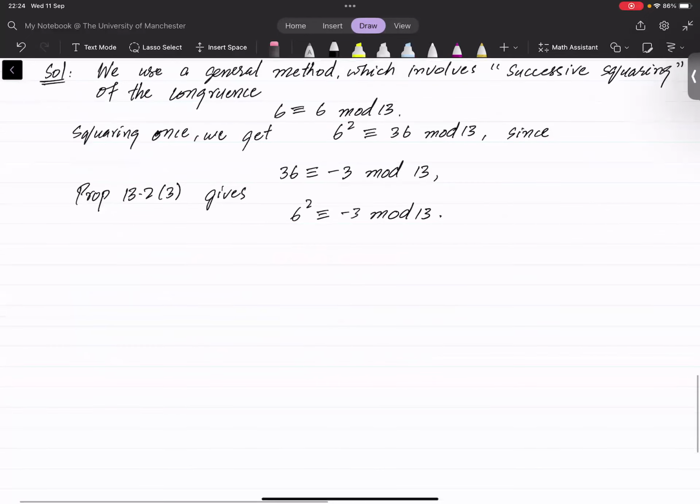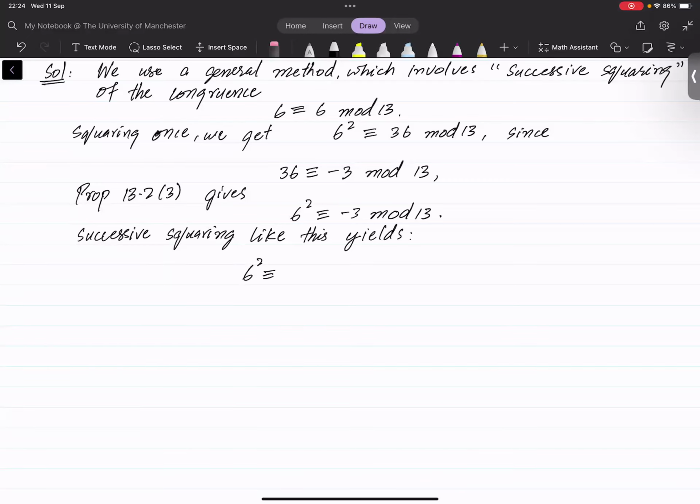Now successive squaring like this yields that 6 squared is congruent to minus 3 mod 13. 6 power 4 is congruent to 9 mod 13. 6 power 8 is congruent to again minus 3 mod 13.